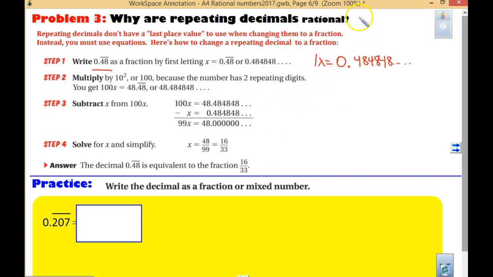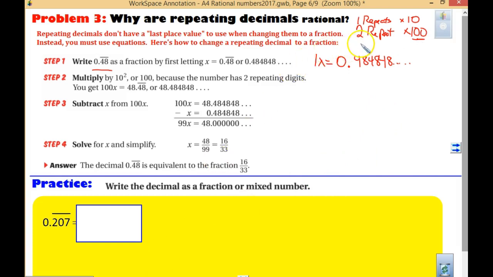When you have one number that repeats, okay, write this up towards the top, you're going to multiply by 10 because we want to move the decimal over 1 place. If you have 2 digits that repeat, we're going to multiply by 100 because we want to move it 2 places.